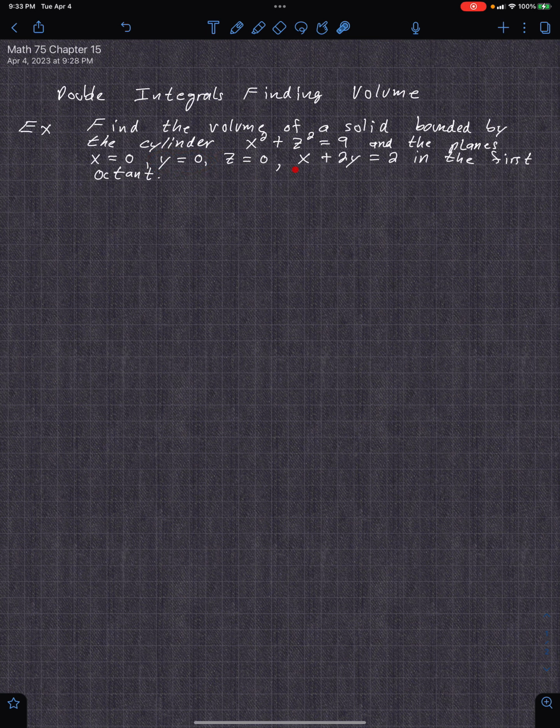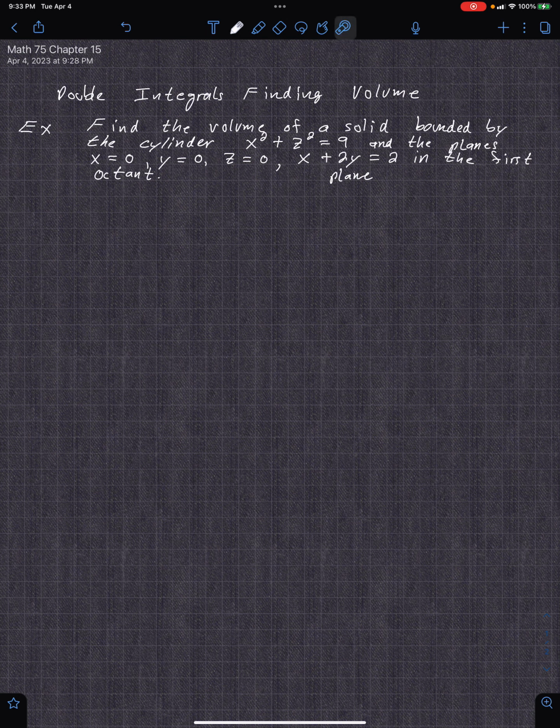And then this will be a plane basically, right? Because it's always 3D, so this is a plane. That's going to cut something off. So let's first try to sketch what that looks like, and then we'll set up our integration.